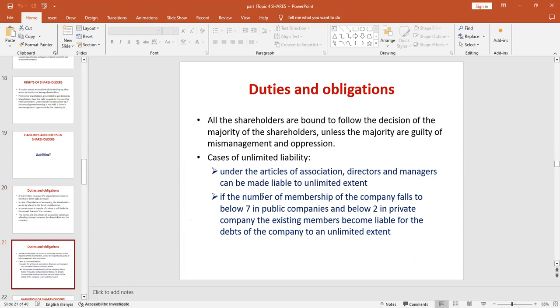And of course, we are going to follow the decisions made by majority shareholders, unless those decisions fall under the exceptions in Foss v. Harbottle. So maybe mismanagement, operations, and things of that nature. Okay. So there is that.